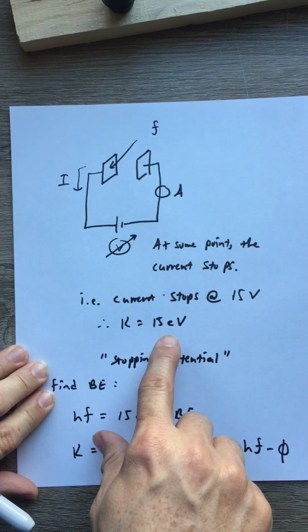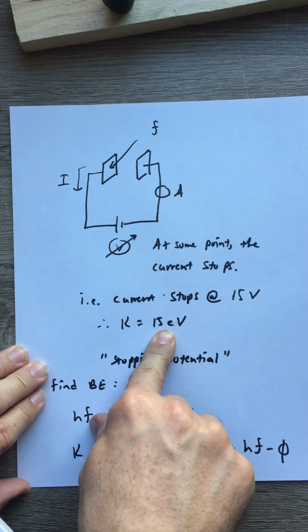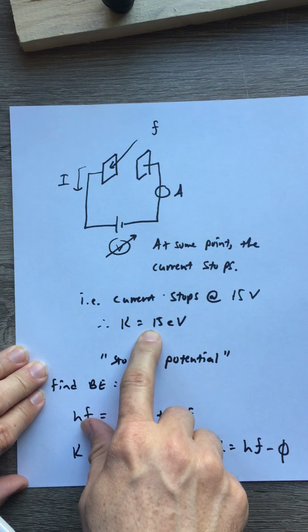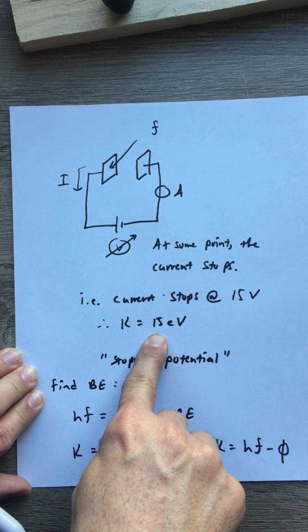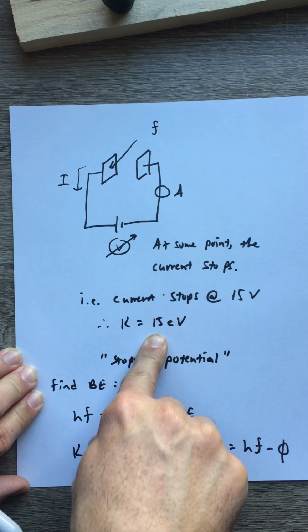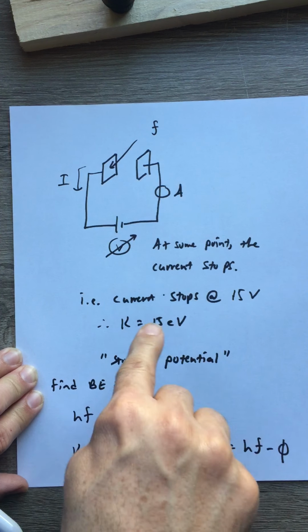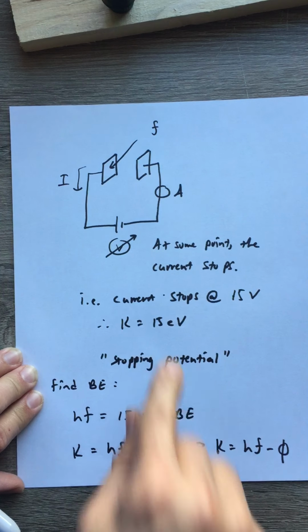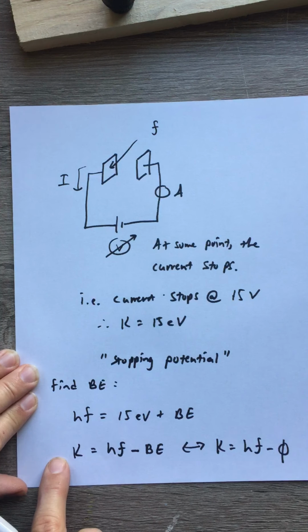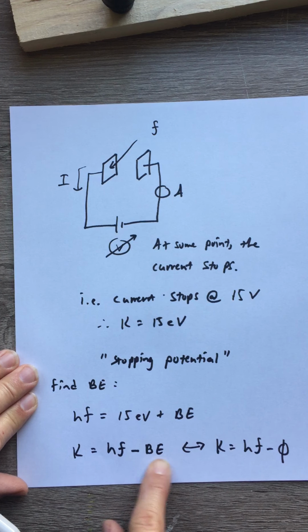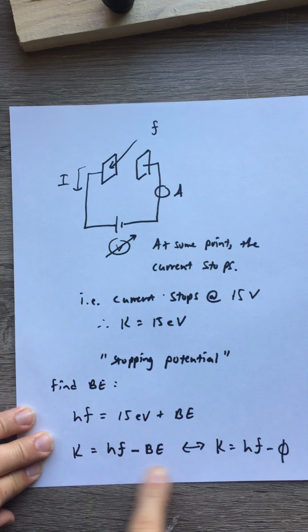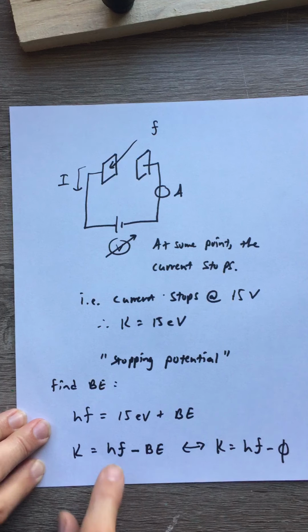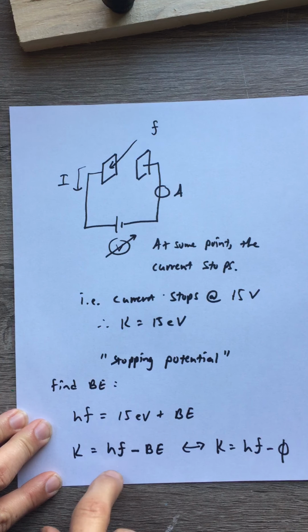If I have an electron that has 15 eV of energy and you ask what's the stopping potential, it's just 15 volts. If you're told that the stopping potential is 15 volts, and asked what is the energy of the electron, it's 15 eV. Once you have that, if you know the frequency, you can always find the binding energy. Of course, if you know the binding energy, you can then find the frequency. In general, this is a pretty simple formula to manipulate as long as you know the appropriate quantities.